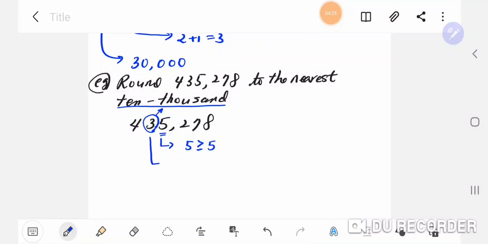So we will add 1 to this 3, so 3 becomes 4. So finally, this is equal to 440,000. That's it. So increase this 3 by 1, and then put zeros in all the digits to the right side of this 10,000.